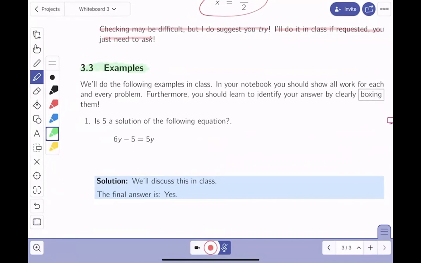But right now, the lecture's over. General format of the course is going to be this: short lecture, me doing examples, then you doing examples on your own, and then you doing WebAssign. And that's how simple it's going to be each time we do a section. Okay? Thank you for your attention, and I'll see you next time.